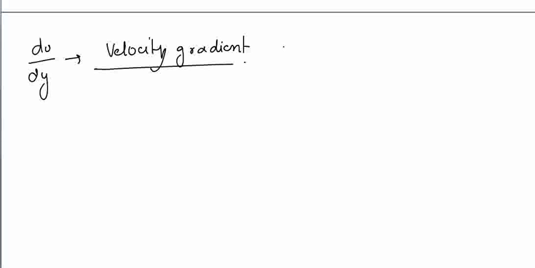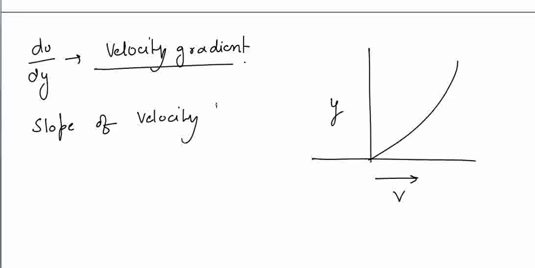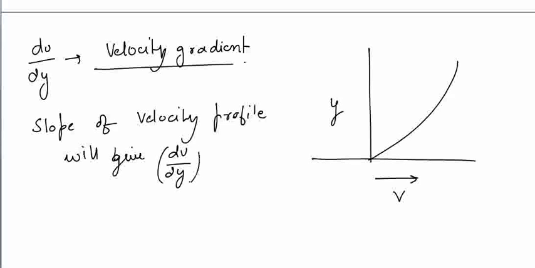The physical significance of du by dy is, if I have a velocity profile like this, where this is my v and this is my y, then the slope of the velocity profile will give du by dy.